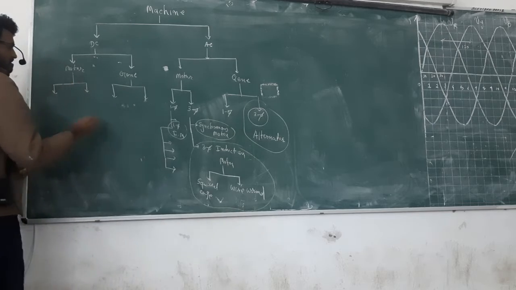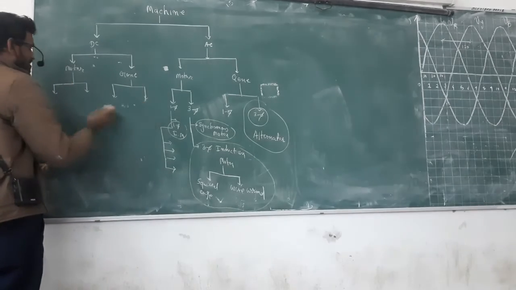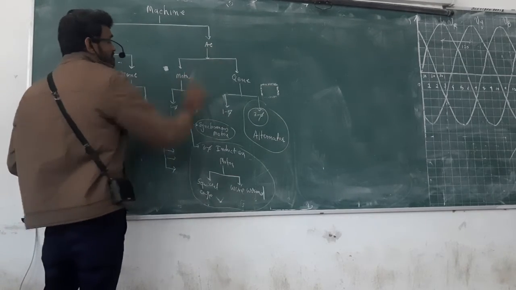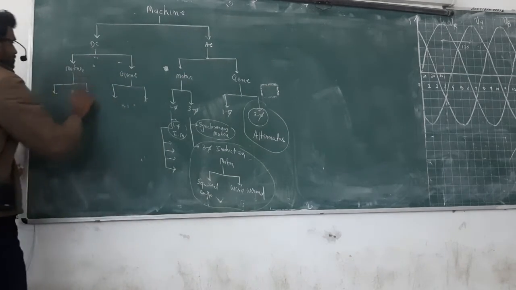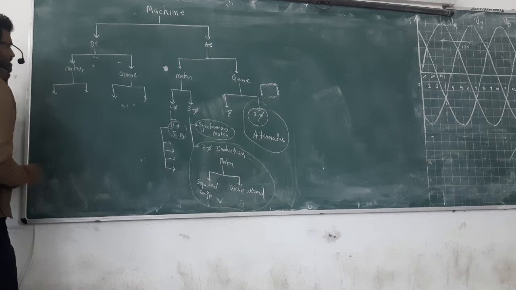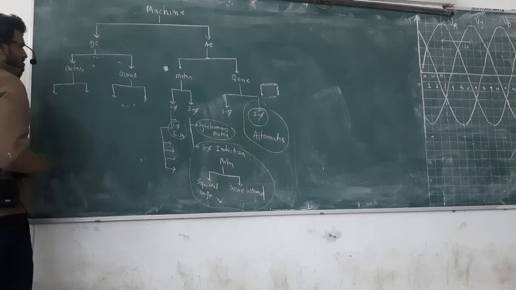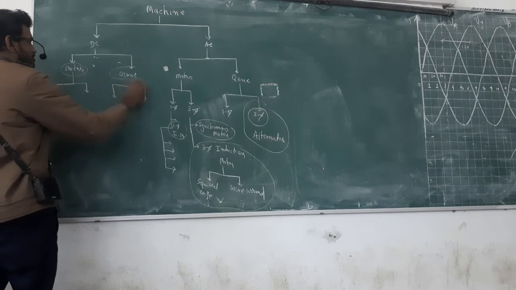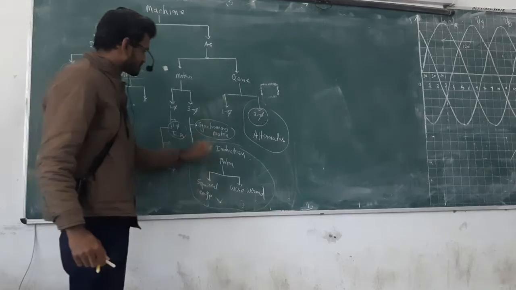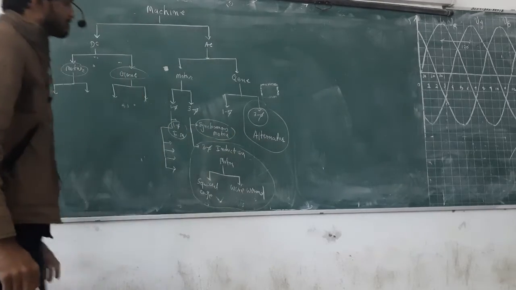That's it. Then there will be parallel and series. Here is also parallel and series. Three-phase concept comes into the AC only. In DC, three-phase concept is not there. Okay, and here a simple motor and generator. Two things are there that you need to study.